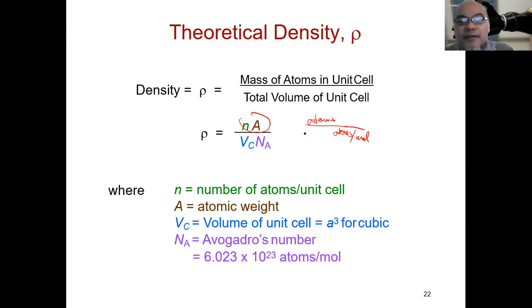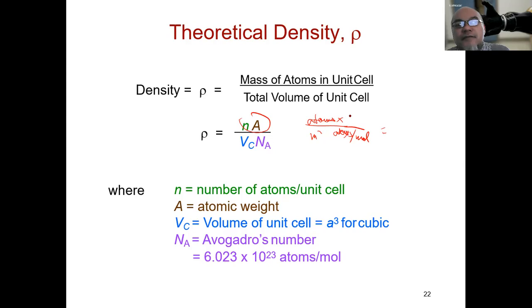And then divided by Vc, in meter cubic, let's say like this. So what we have is the mole per, the atomic weight itself, yeah, this is the atoms, and the atomic weight in chemistry, does anyone remember?